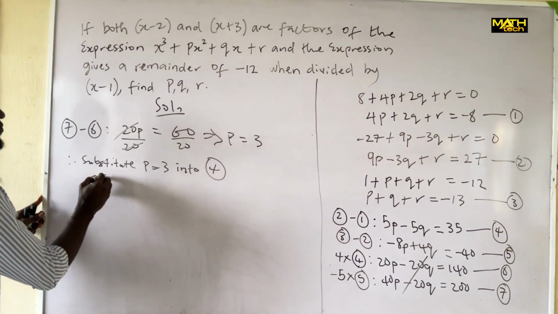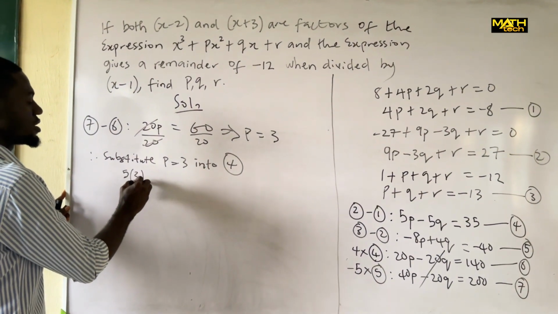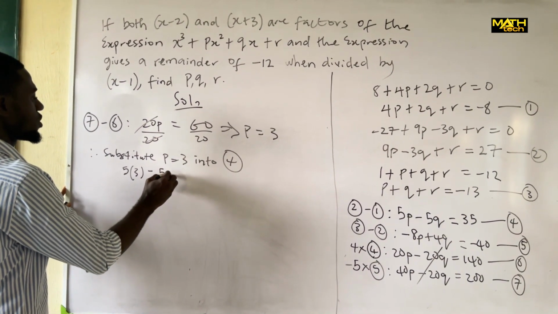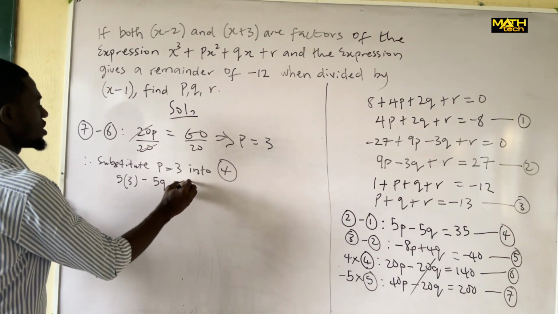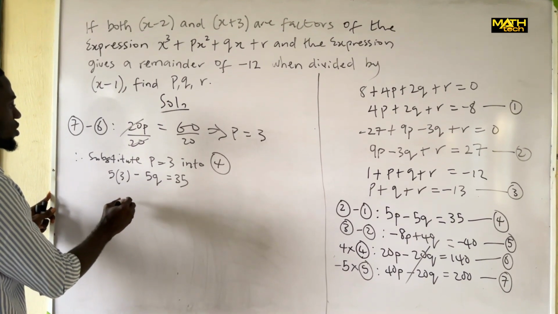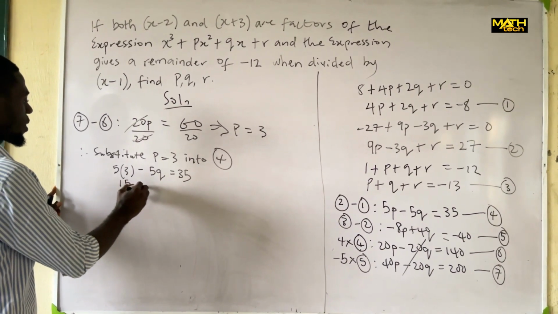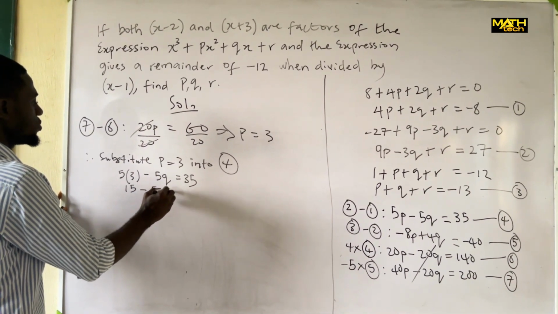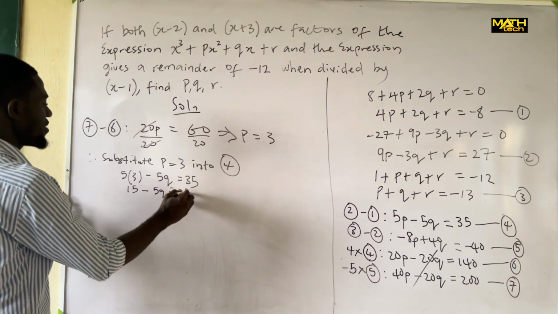So here we'll be having 5 into 3 minus 5q equal to 35. 5 into 3 is 15, so 15 minus 5q equal to 35.